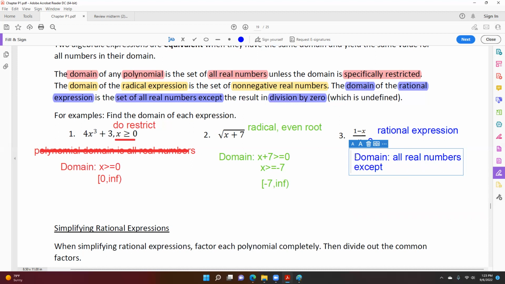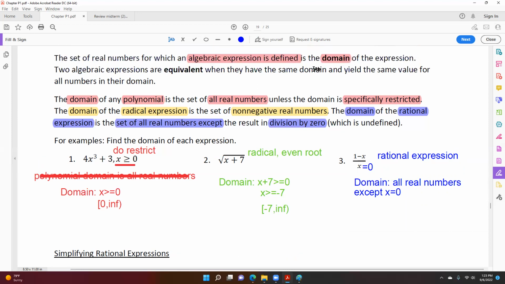except x equals 0. So this is how we do it: your domain in this case is all real numbers except where your denominator is 0. What it is telling us is that any number you plug in for x, you still get a defined answer, meaning you still get a solution.